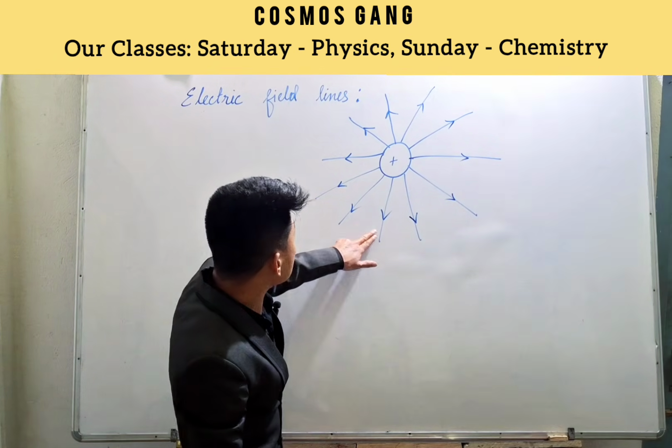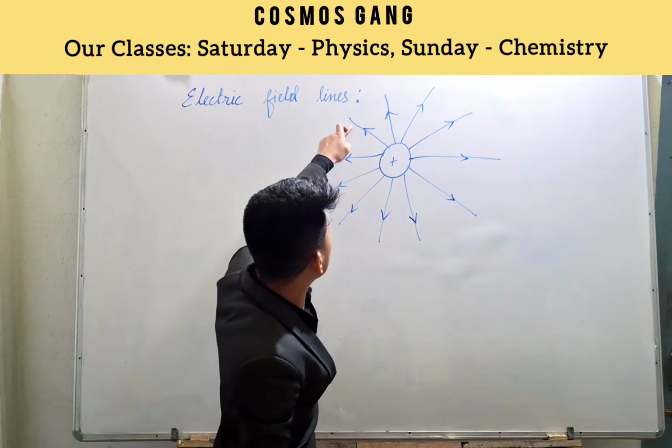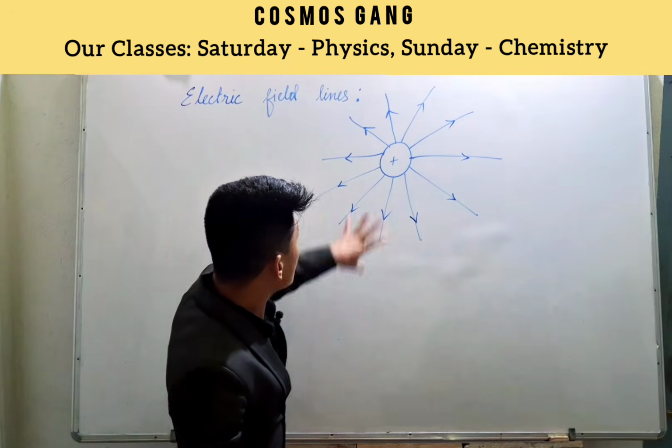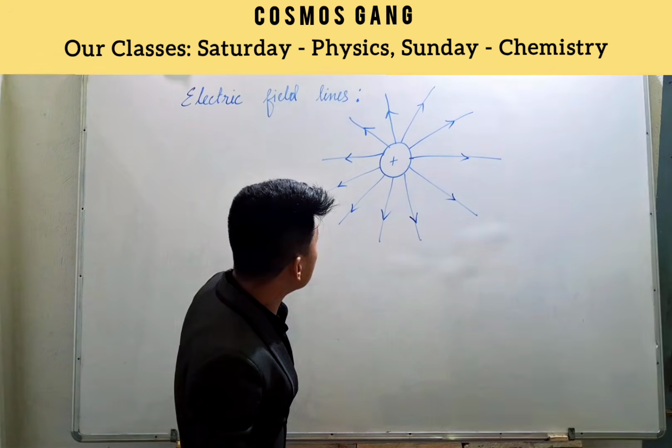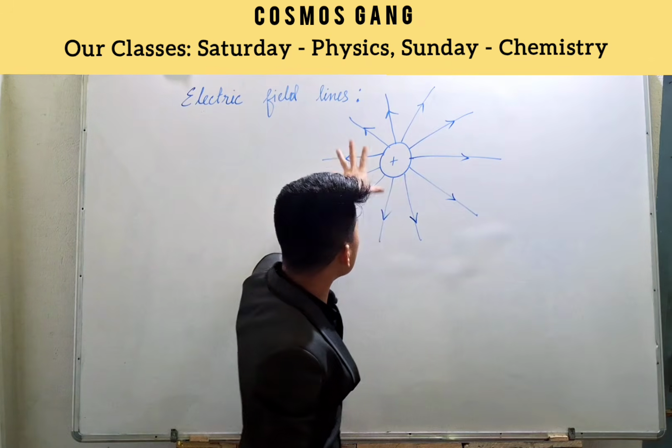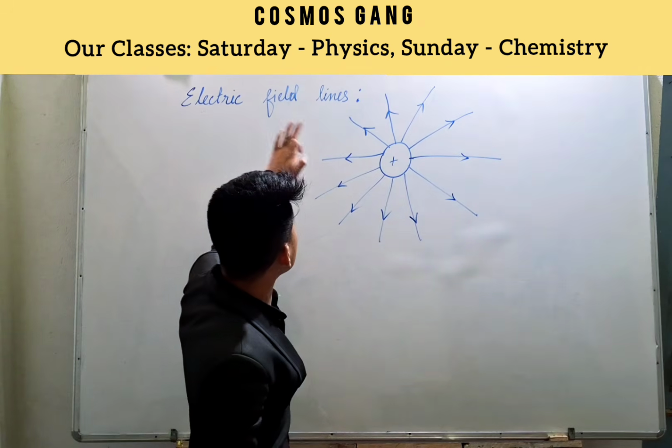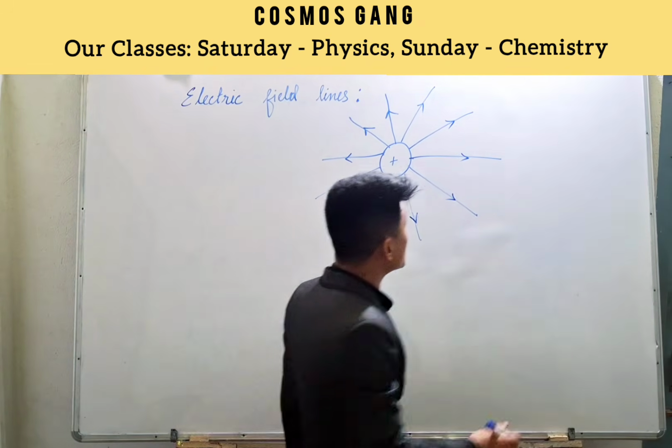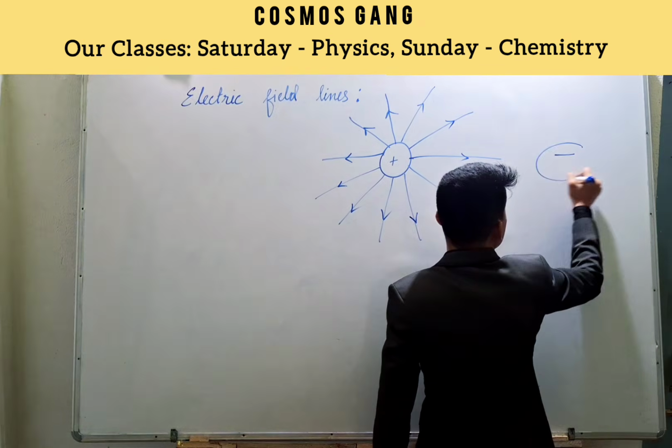So these lines, which I draw imaginarily, these lines that represent the electric field around a charge are called electric field lines.